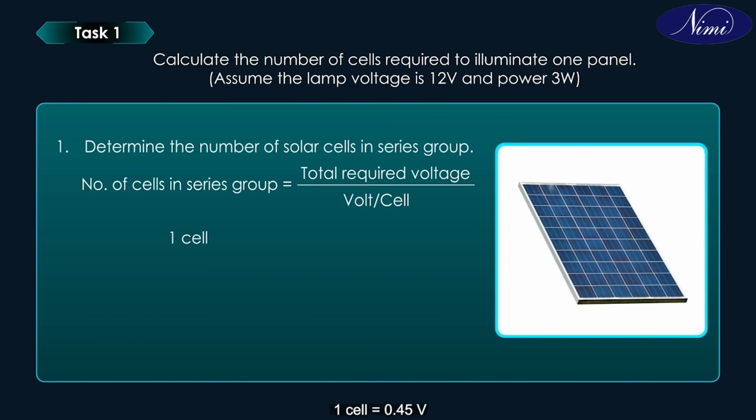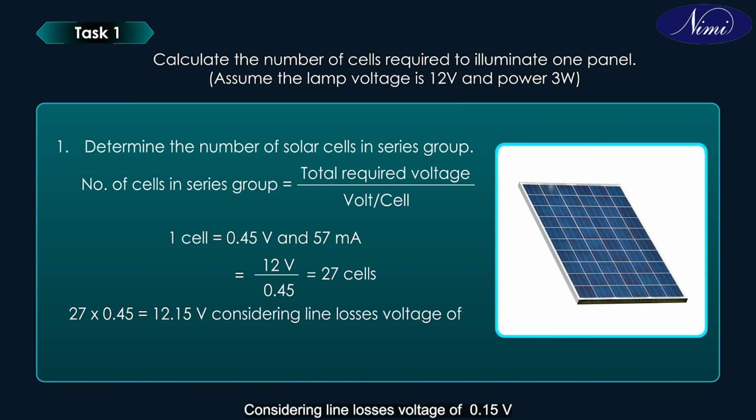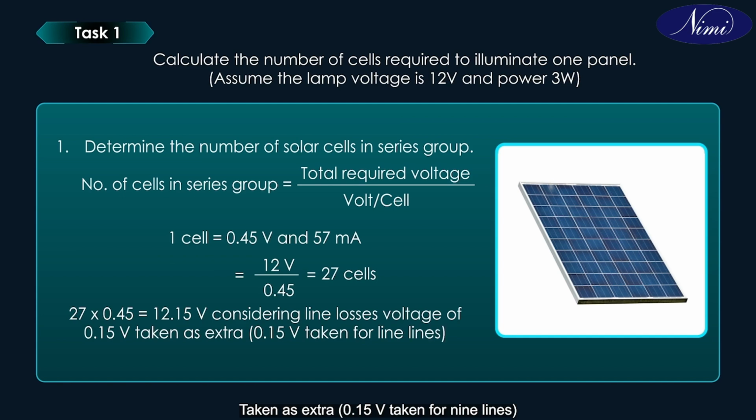One cell is equal to 0.45 volt and 57 milliamperes, so 12 volt divided by 0.45 is equal to 27 cells. 27 into 0.45 is equal to 12.15 volt. Considering line losses, 0.15 volt is taken as extra for lines.